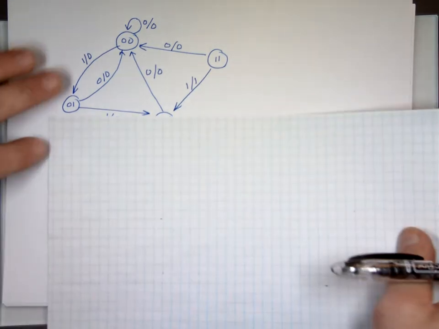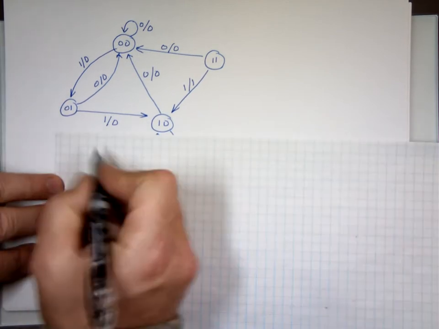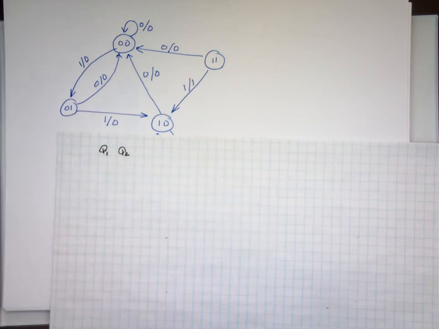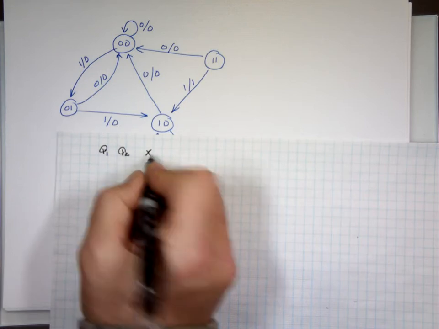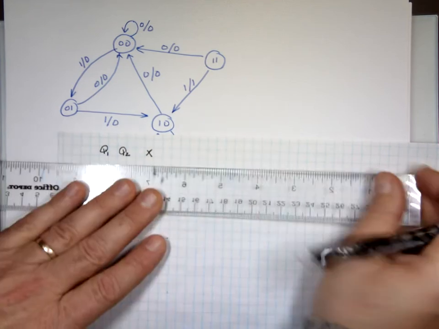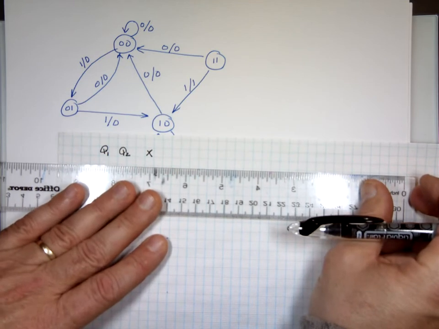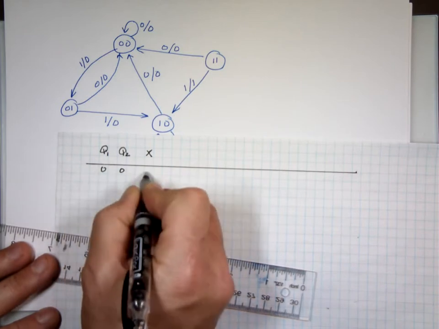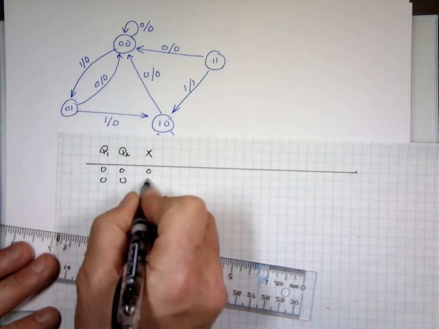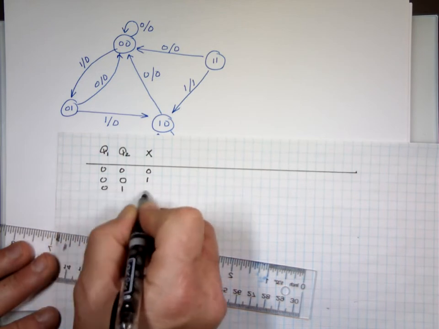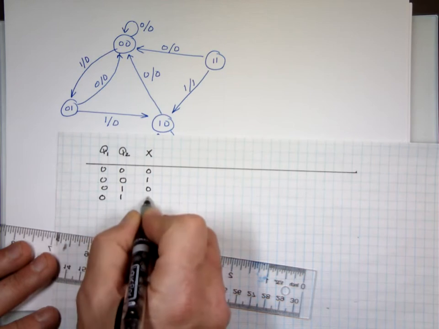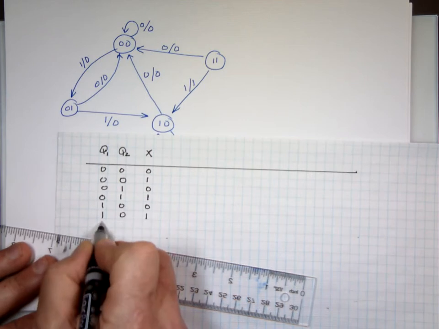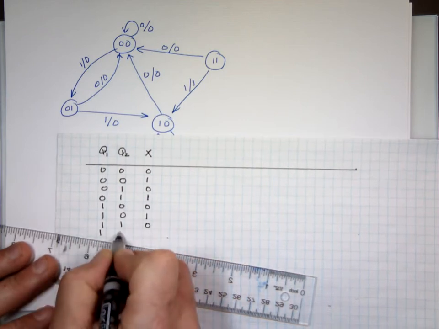Here's my state table. I have Q1, Q2. I have my input, which we'll call X. So my combinations are 0 0 0, 0 0 1, 0 1 0, 0 1 1, 1 0 0, 1 0 1, 1 1 0, and 1 1 1.